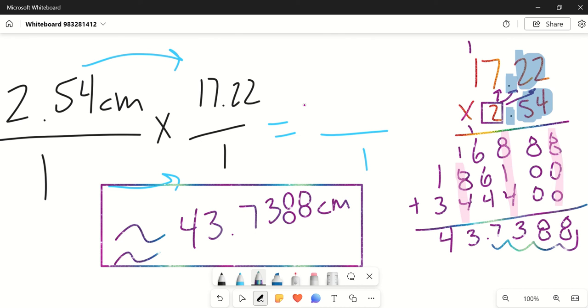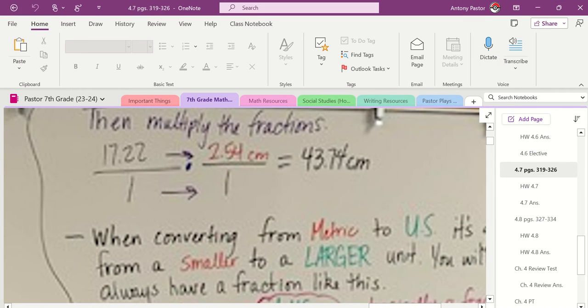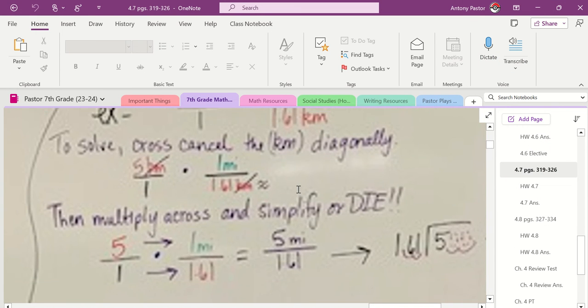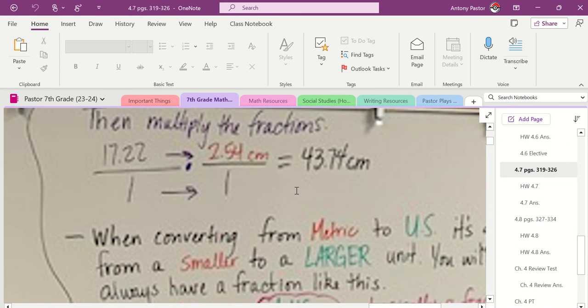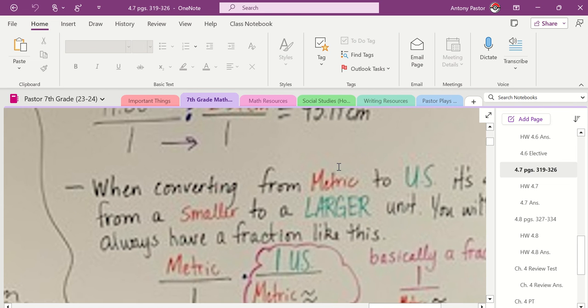So they looked at the place value here and then looked at this number and decided it would be 43.74 approximately in centimeters. Depending on the question, it may tell you to round to the nearest tenth, hundredth, or thousandth. If it tells you that, in this case, it may have told us to round to the nearest hundredth, and that's what we would do.